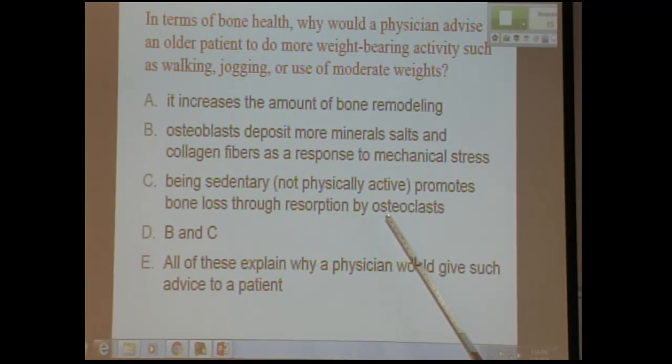And also, if you're sedentary, if your bones aren't getting stressed at all, osteoclasts get more activated. Can anyone think of a reason why this process exists? If you're sedentary, you break them down more. If you're really stressing those bones, they build them up more.